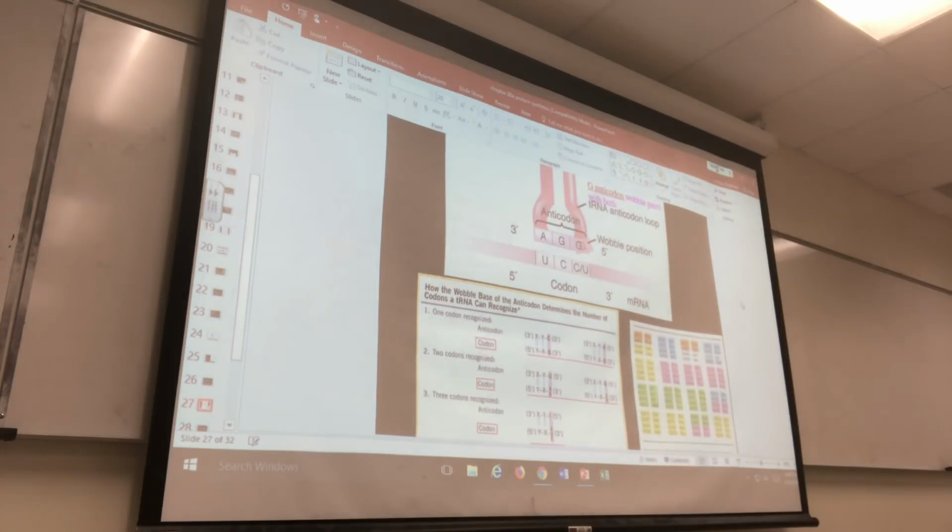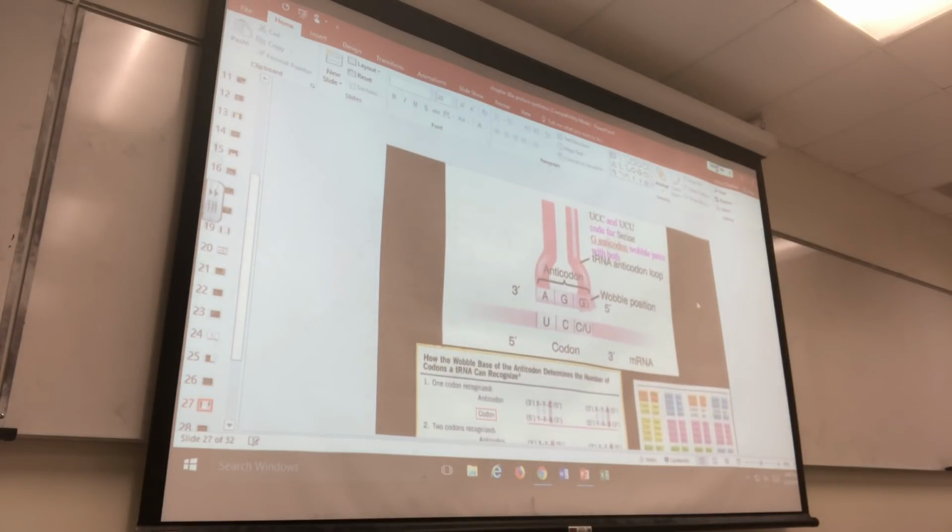Let's hope there's a nice picture. There is. All right, so third base degeneracy. Remember the phrase degenerate code was one of the vocab words we used to describe the codon table. The degenerate code basically means that one amino acid is usually coded by multiple different codons.